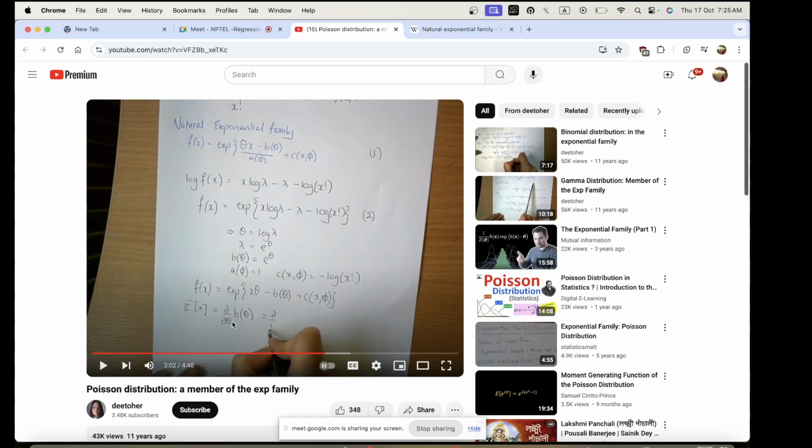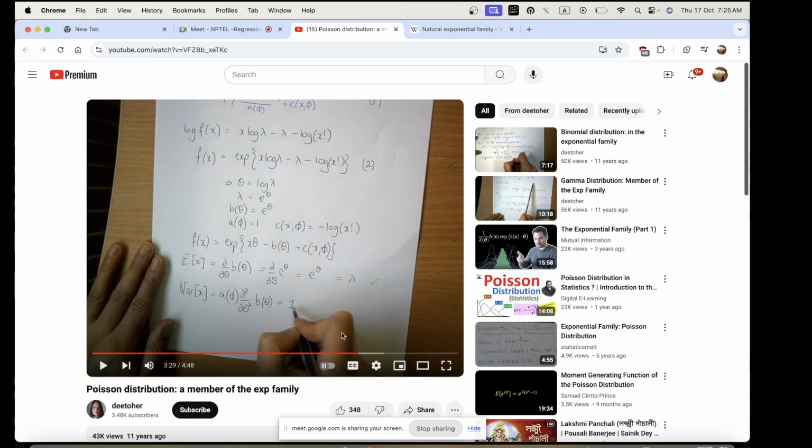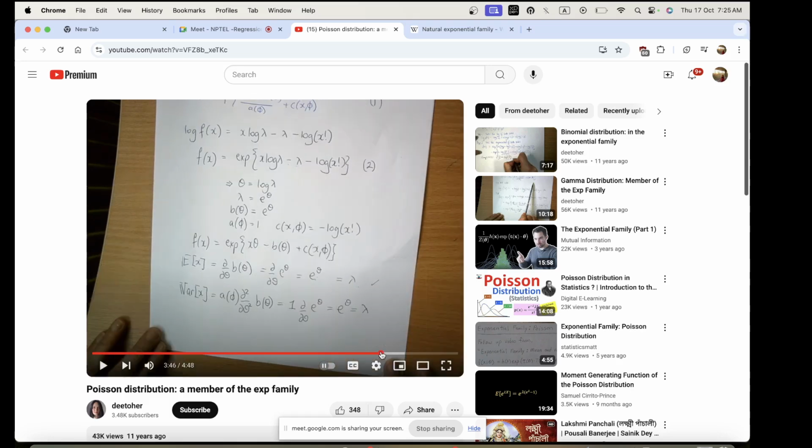So expectation is the derivative with respect to theta of b(theta), which is lambda, and the second derivative gives the variance, with phi. This is this thing.